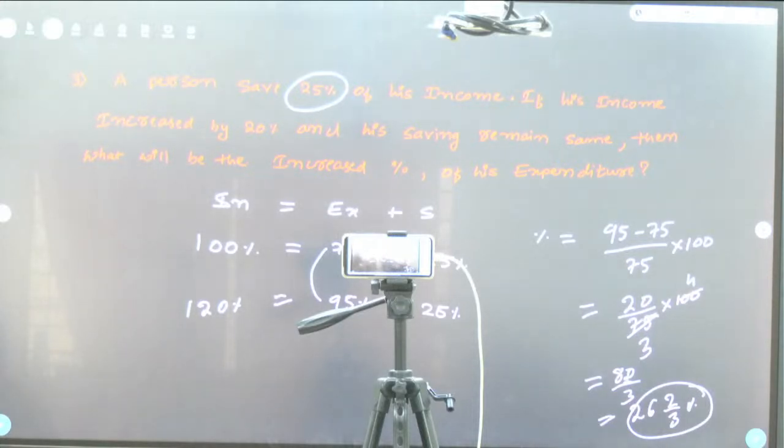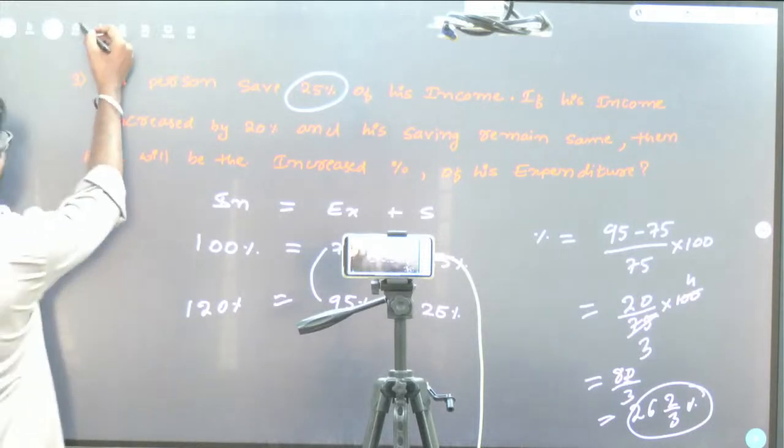When her income is increased by 40%, she increases her expenditure by 30%. Her saving is increased by how much?